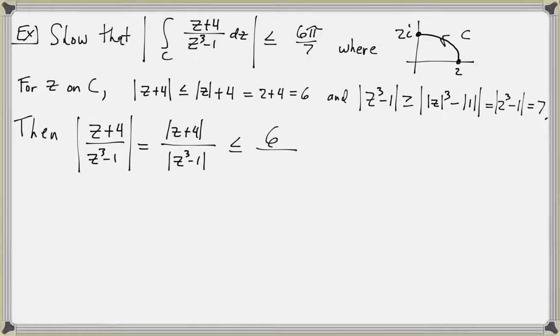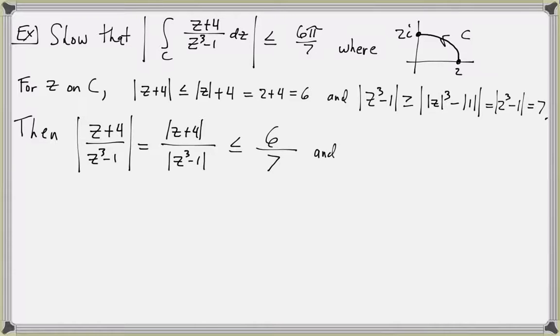The denominator is greater than or equal to 7, so the fraction 1 over z cubed minus 1 will be less than or equal to 1 over 7. So we get that the integrand in absolute value is less than or equal to 6/7.